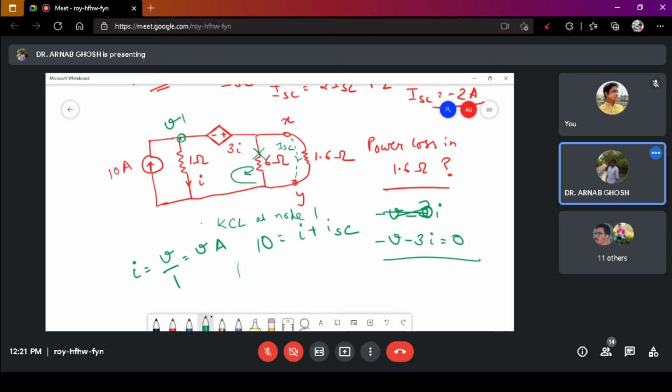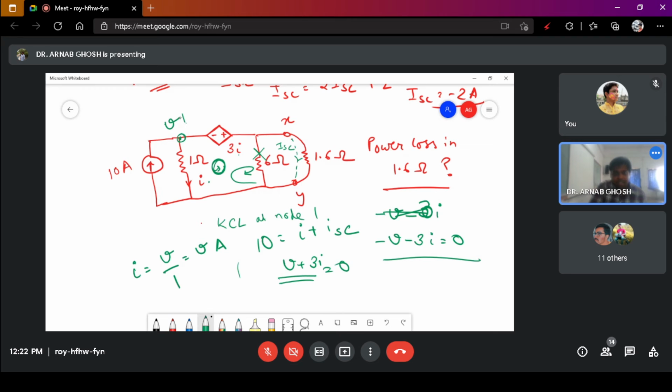If I am taking the current direction like this, you can take this as V plus 3I also. That won't hamper, as the current is flowing in this way, so this will be 3I, this will be V. You can take V plus 3I or minus V minus 3I, both will have the same sign.